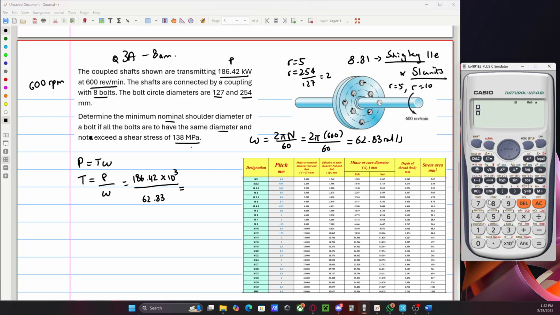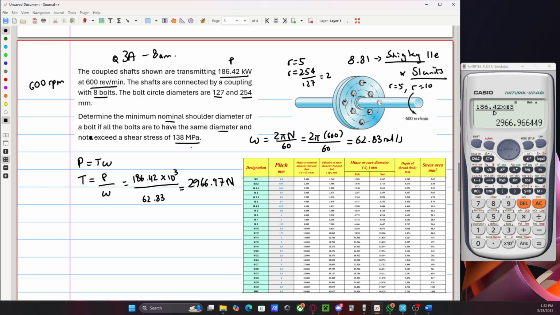All I have to do is 186.42 times 10 to the power of 3 all over my D. This will give me 2966.97 newton meters. Okay, so this is my torque.